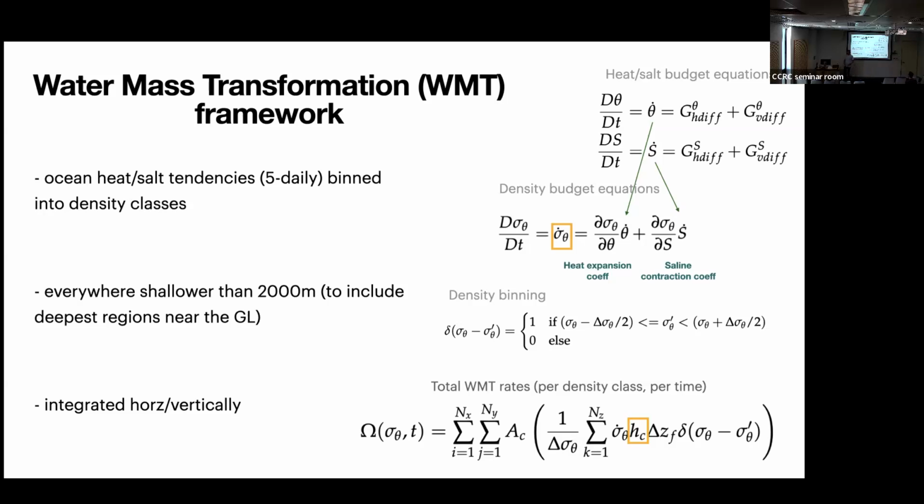So you bin the tendencies into different density classes, pretty much. And then you integrate everything on the continental shelf horizontally and vertically, so everywhere shallower than 2,000 meters. That's because you actually have pretty deep areas near the grounding line at some large ice shelves that can be up to that depth.